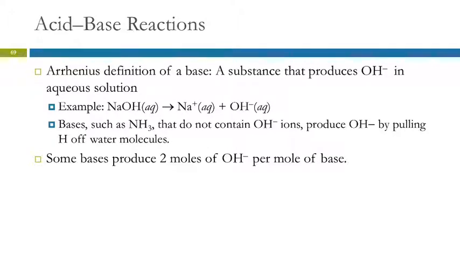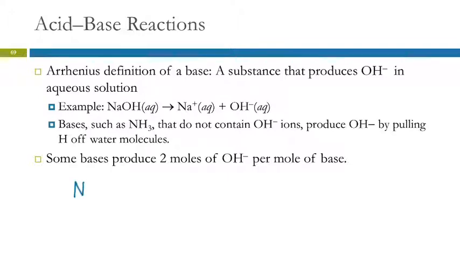So what is a base? The Arrhenius definition of a base is a substance that produces hydroxide ions in solution. So sodium hydroxide, a soluble ionic compound, dissociates to form sodium ions and hydroxide ions. We can also have a base that does not have hydroxide in its formula. Bases like NH3.